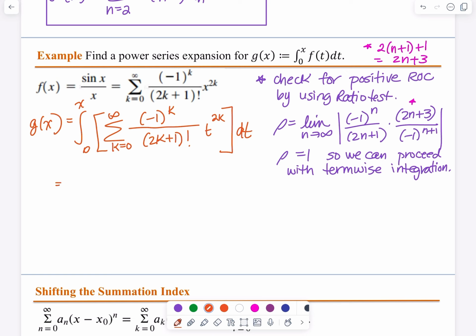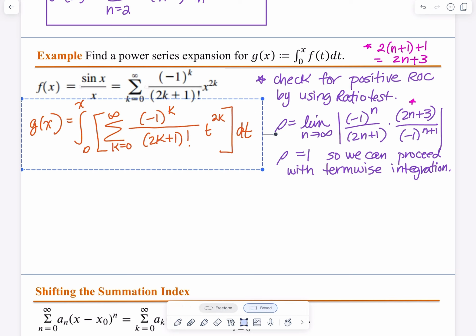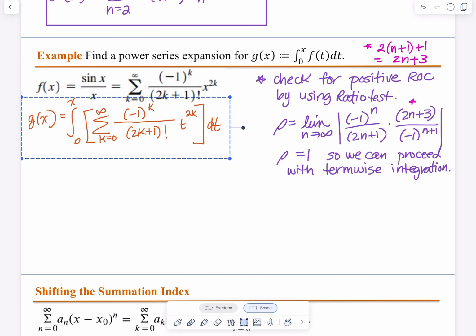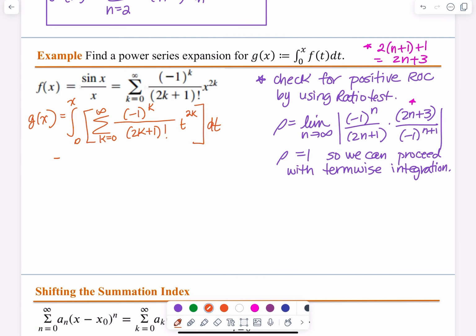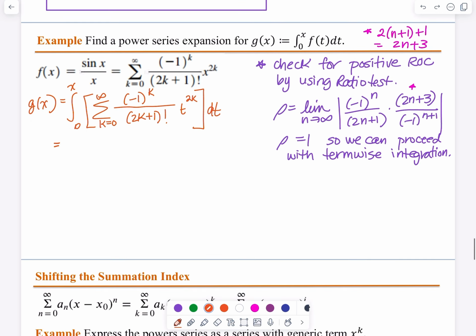So if we integrate that, we're going to go ahead and integrate that. So now we have the sum from k equals 0 to infinity of negative 1 to the k divided by 2k plus 1 factorial. That's just a constant.